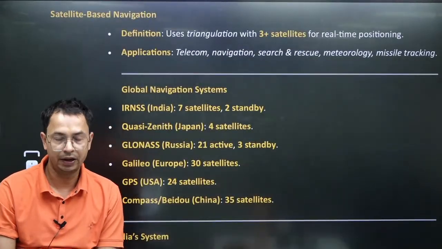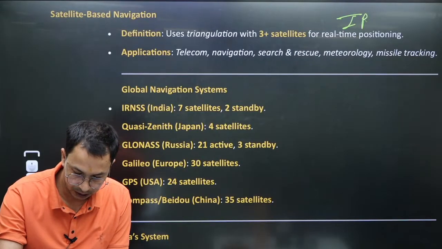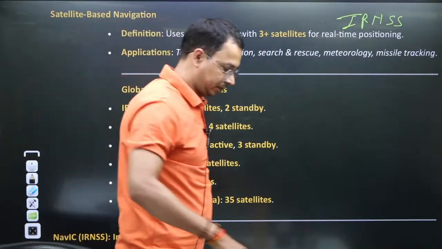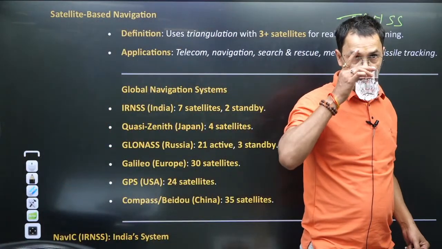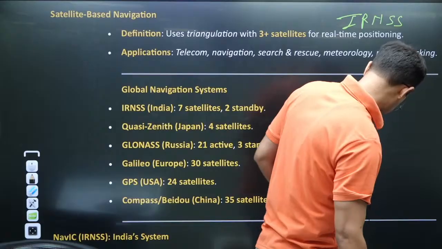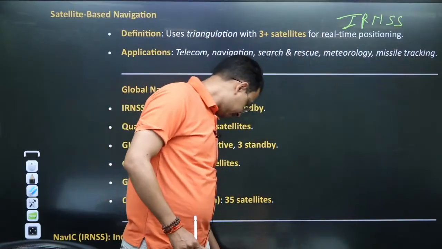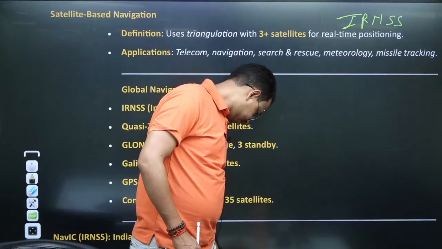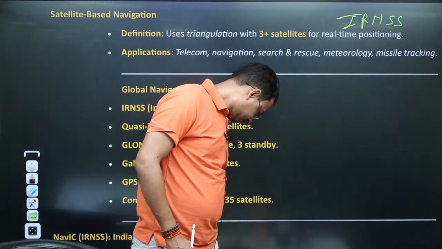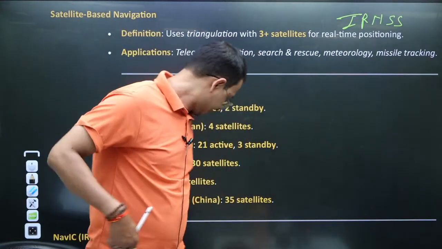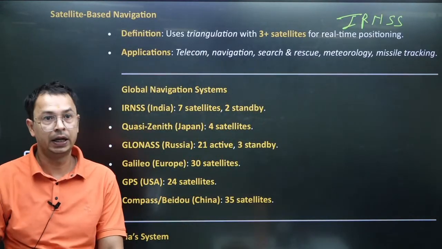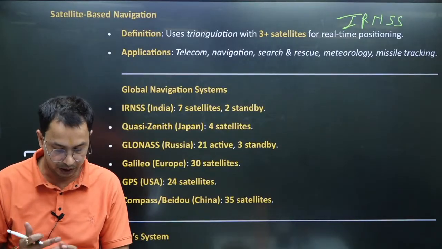Then satellite based navigation, IRNSS, Indian Regional Navigation Satellite System.